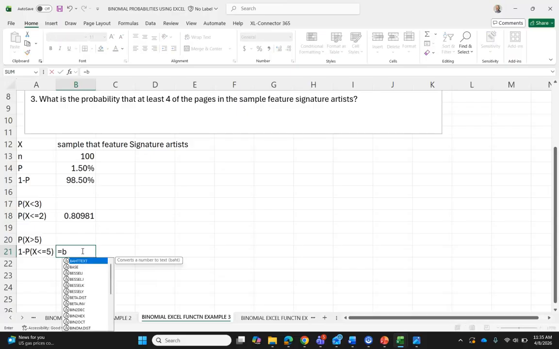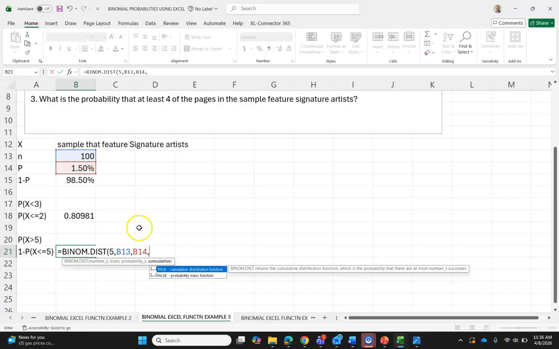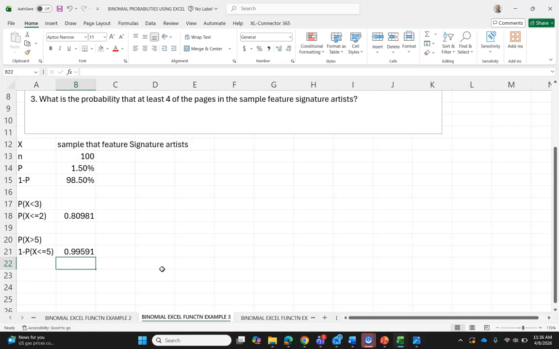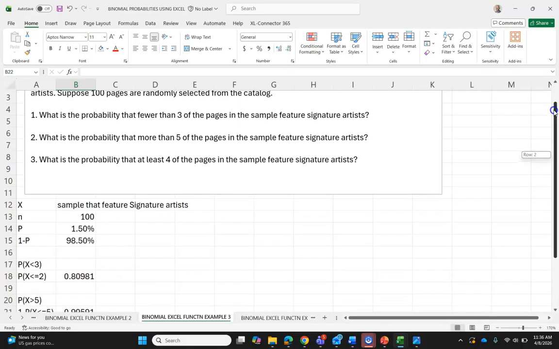So you put an equal sign and go with the binomial dist function, and we're going to put 5, then the number of trials and the probability of success, and we select cumulative, which is true, and enter. So we have 0.99591, and you can see how easy this is becoming.